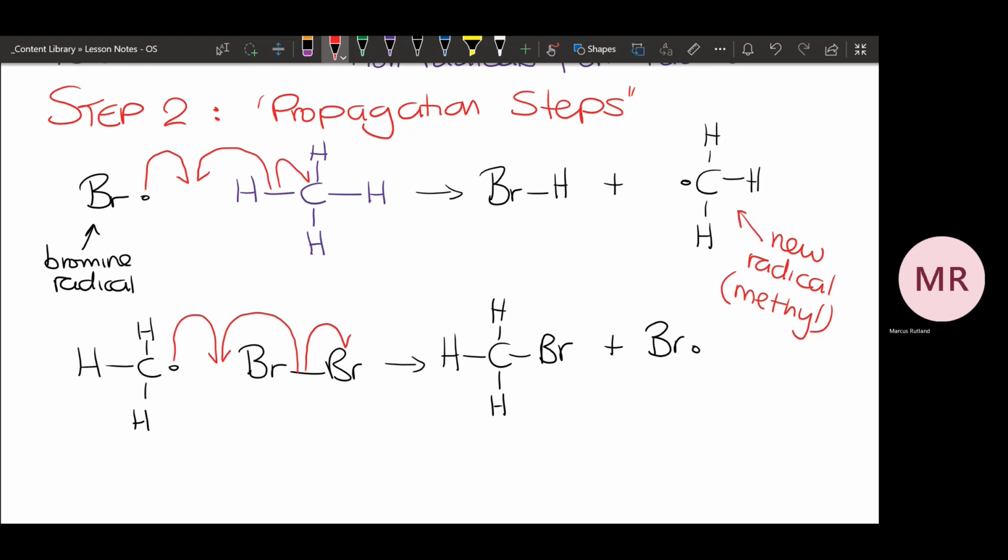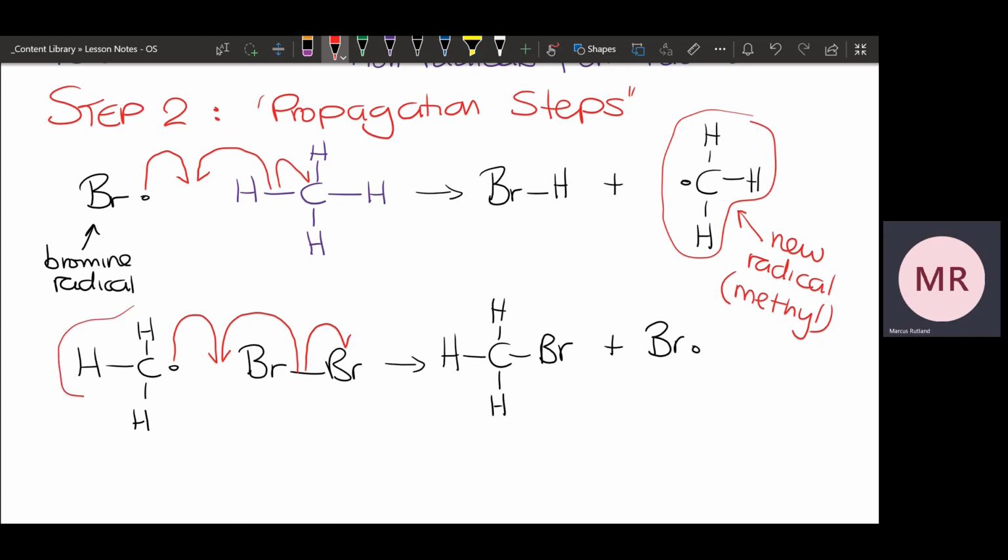The CH3 radical, the methyl radical, is made here and then used up here. Should have done a different color there, shouldn't I? Just to avoid confusing my lines.